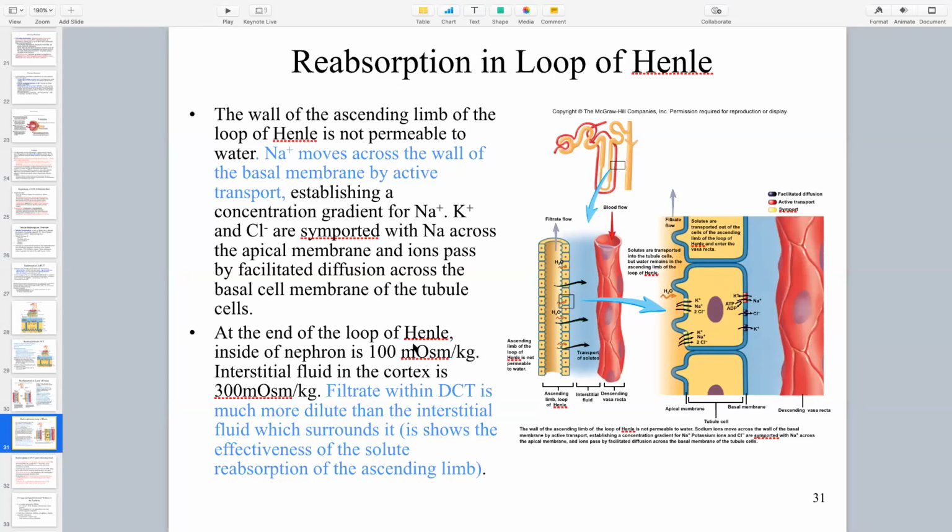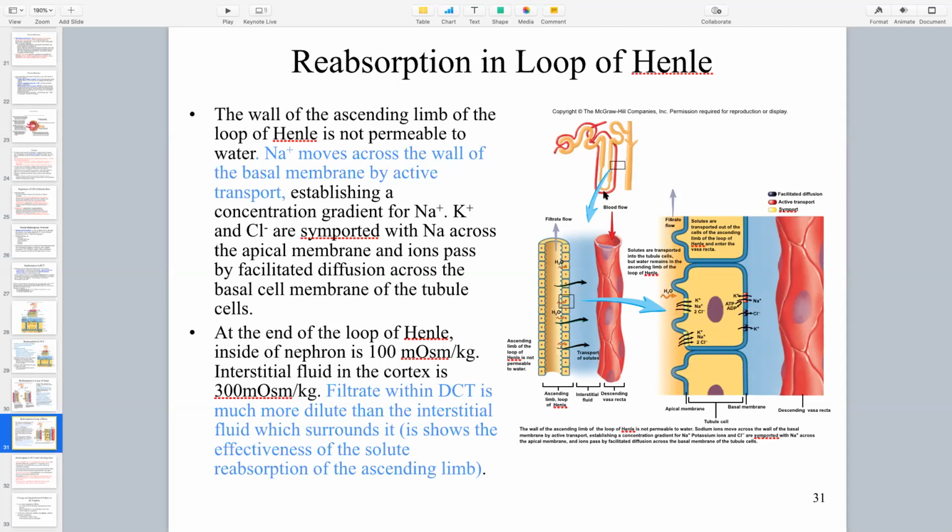Amazing, right? As we reabsorb that 1,700 milliosmoles of salt, some stays in the interstitium, concentrating all that fluid space found everywhere here. Some goes into the bloodstream, down the vasa recta, concentrating the blood. As blood comes down, it picks up more and more salt.